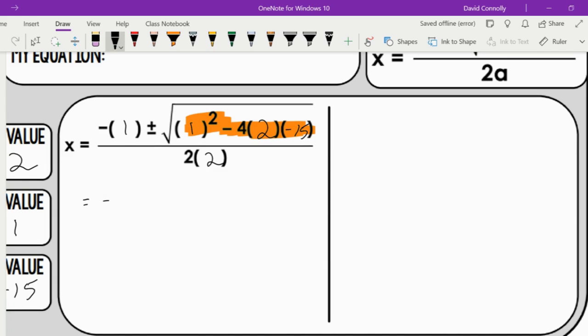This becomes -1 plus or minus. And again, all we're doing is simplifying what is underneath the square root. So 1 squared minus 4 times 2 times -15. Go ahead and punch that into your calculator or figure out what it is, and then we will continue.